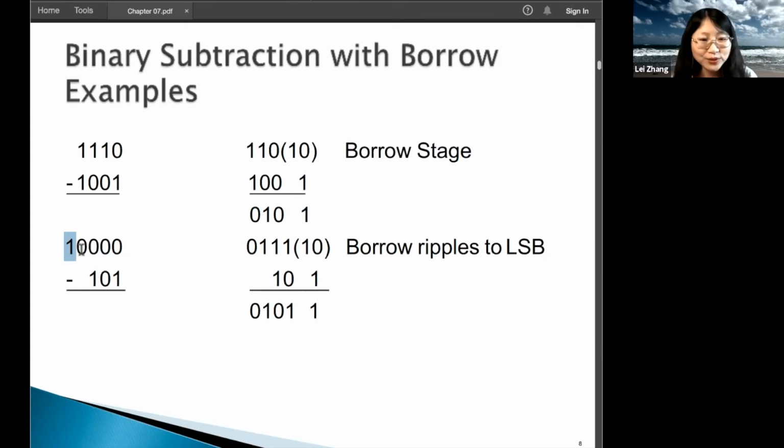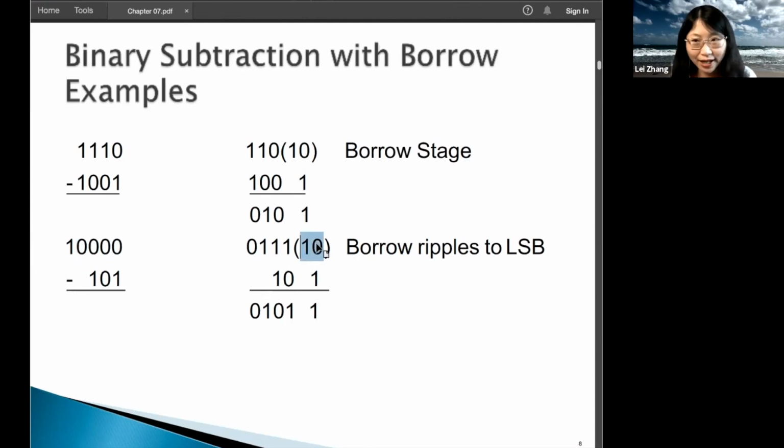If we borrow 1 from this one, there will be a ripple borrow. It will ripple to the last bit, and we end up with 111 here. This one borrowed 1, and then this 0 becomes 1. It will borrow another 1 from the next bit. This is what causes the ripple borrowing.